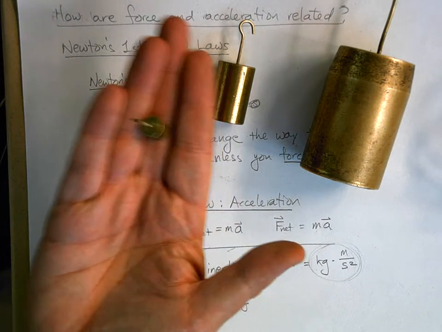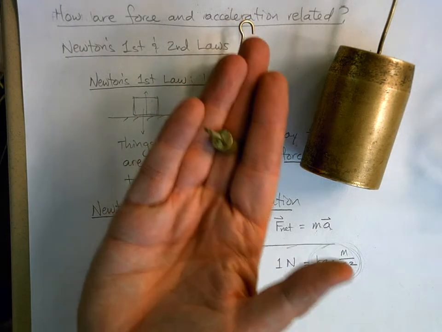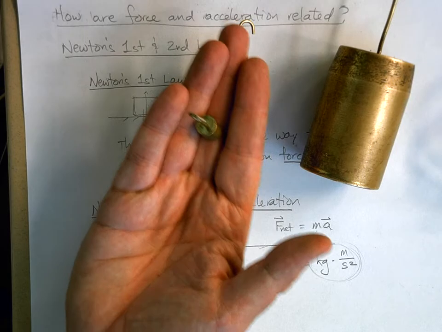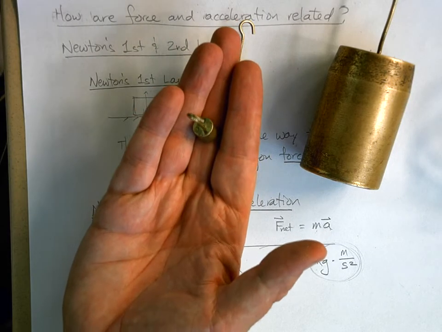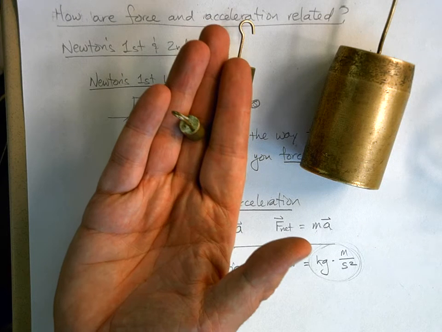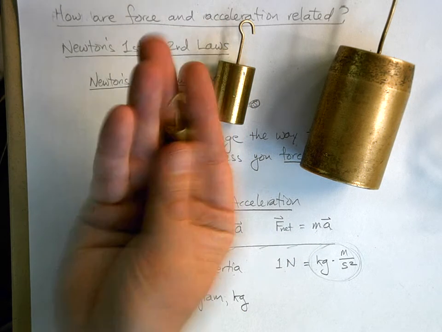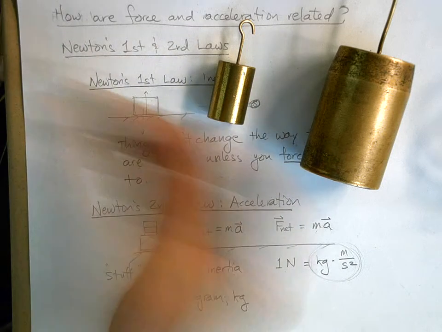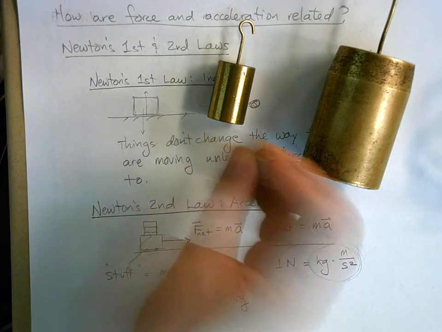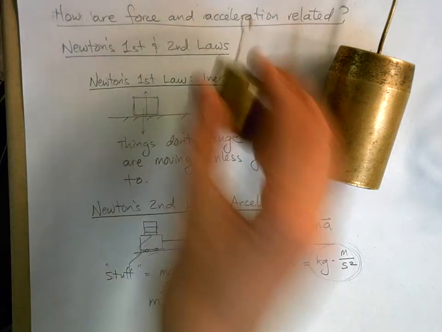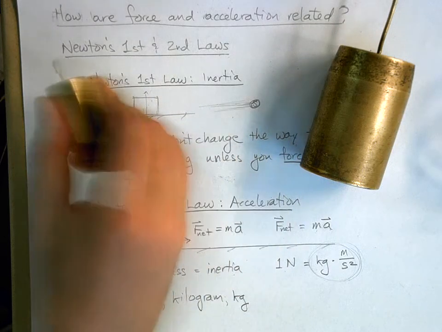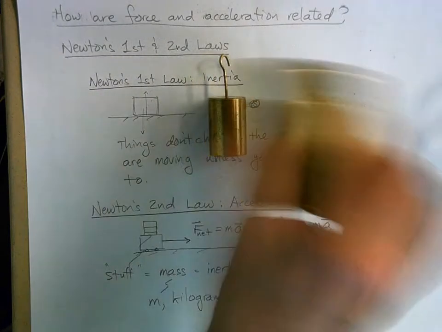When I hold it like this, I'm feeling weight, and that's different than mass. We'll talk about why weight is different than mass later on. They are related. But when I feel how hard it is to move it back and forth, that's when I'm experiencing mass. Very little mass, medium amount of mass, ugh, lots of mass.